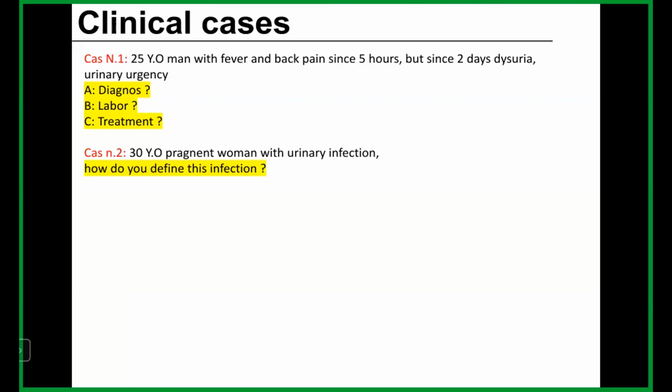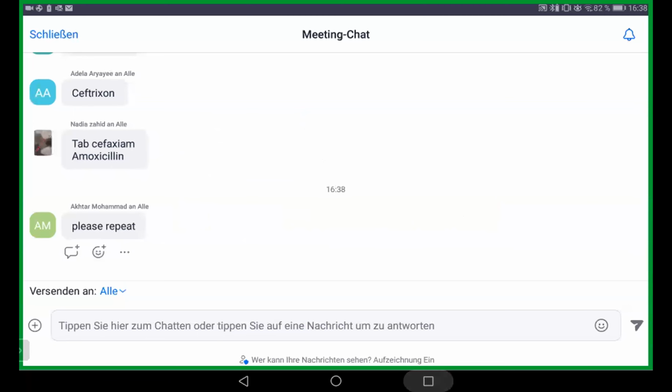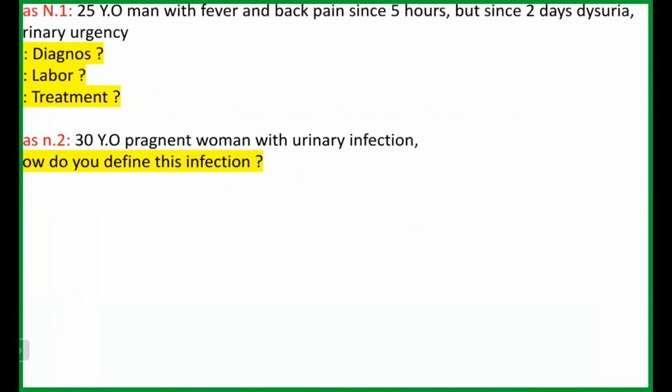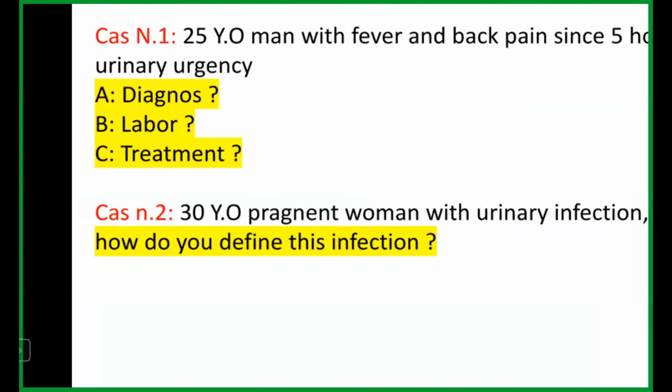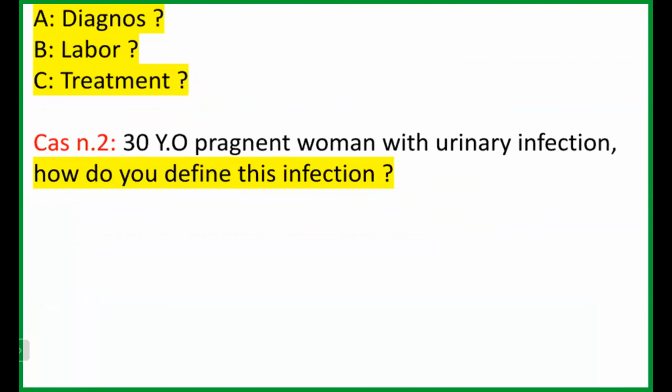The second case, can anybody answer, please? So here is the second case. This is a 30-year-old pregnant woman with urinary infection. The question is, how do you define this infection?